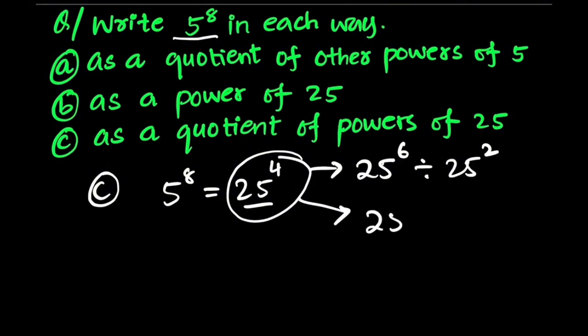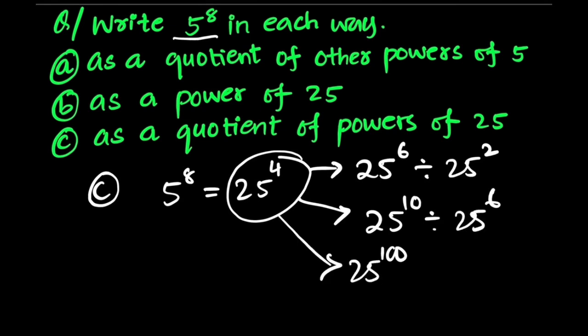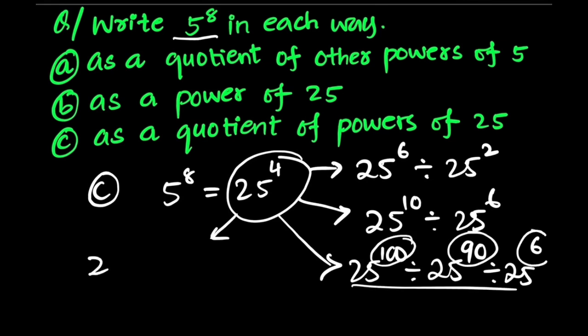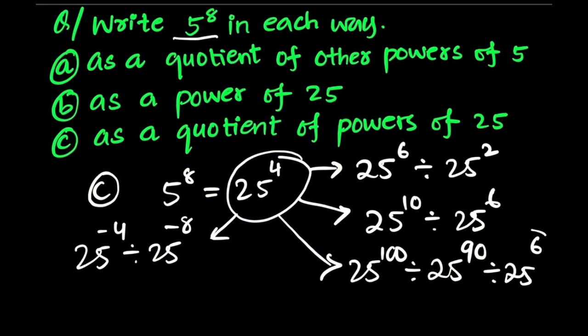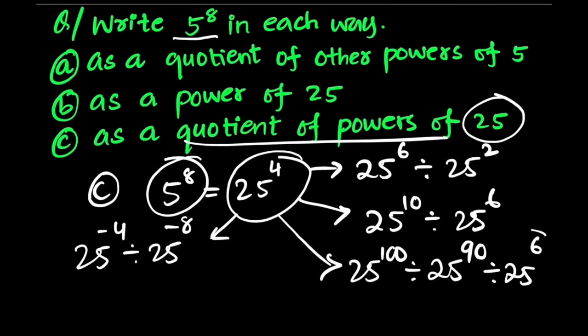Another way to express this would be 25 raised to 10 divided by 25 raised to 6. Still another way could be 25 raised to 100 divided by 25 raised to 90 divided by 25 raised to 6. Another way could be 25 raised to negative 4 divided by 25 raised to negative 8. So there are infinite ways to express 5 raised to 8 as a quotient of other powers of 25.